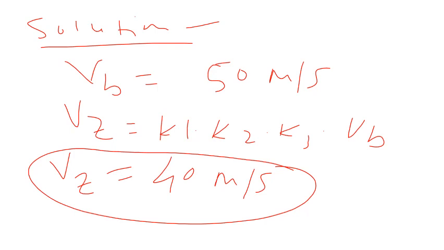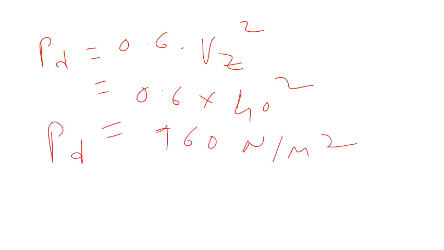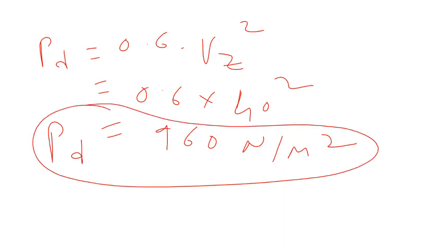Then from this you can calculate PD, right? PD is equal to 0.6 Vz square. So enter the values, 0.6 into 40 square. So this will come to 960 Newton per meter square. So this PD is the design wind pressure and it is 960 Newton per meter square.